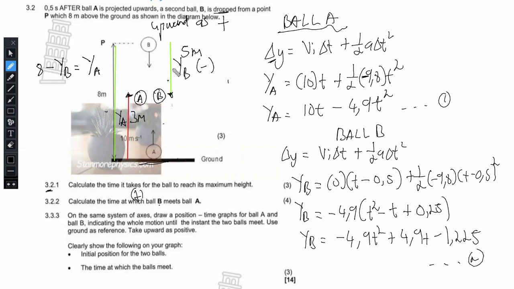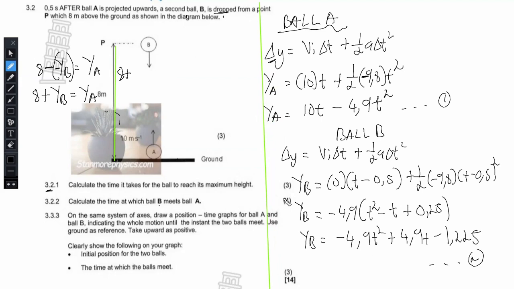So that means my delta Y has to be negative. So I have to come here and say this is similar to saying Y minus negative YB, which will then give us 8 plus YB is equal to YA. Right. Now, once we have that, we can then solve this. Now, remember, we have an equation: 8 plus YB is equal to YA. So what can we do now?